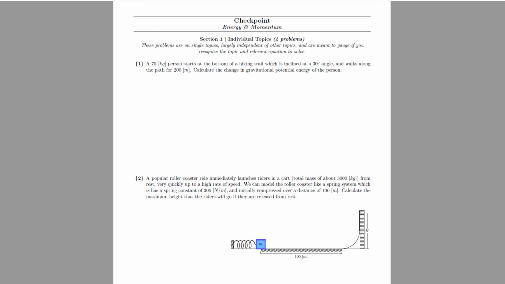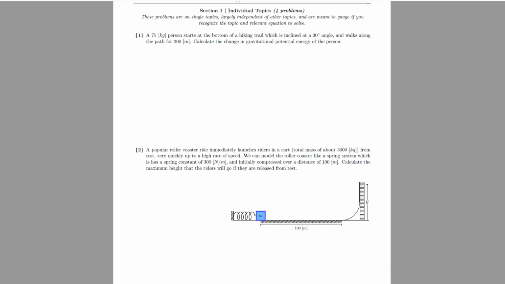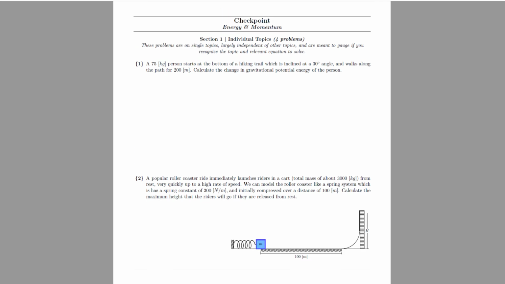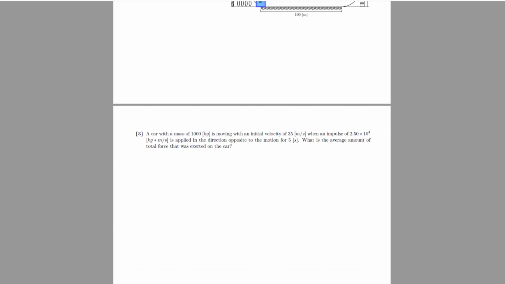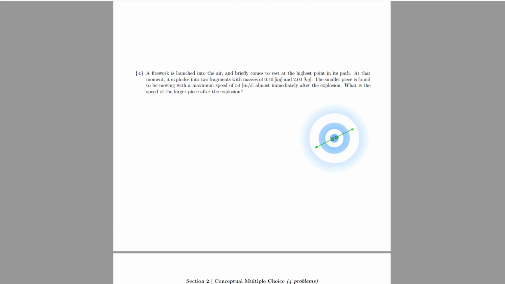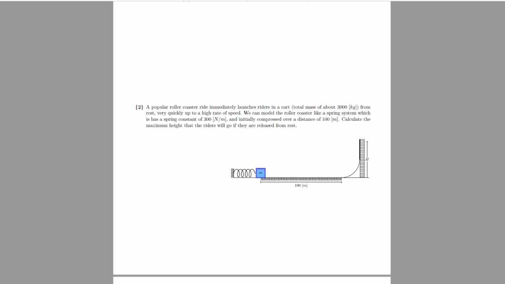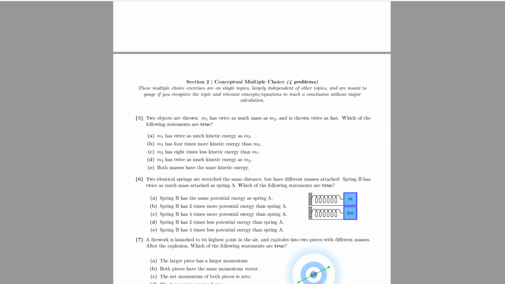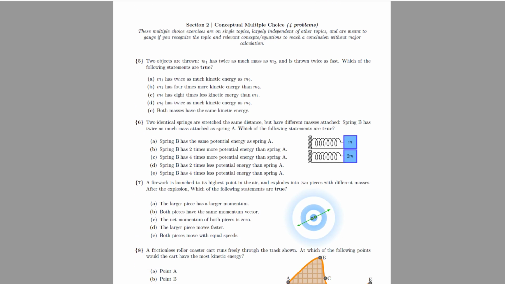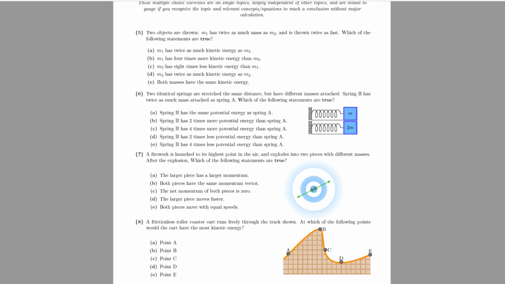Now, for this one, I completed it a little closer to what I want. It covers a few individual topic questions. Each of these 4 questions is just one topic, and you apply the idea from that topic. I have a second section, which is conceptual multiple choice. They're relatively straightforward.